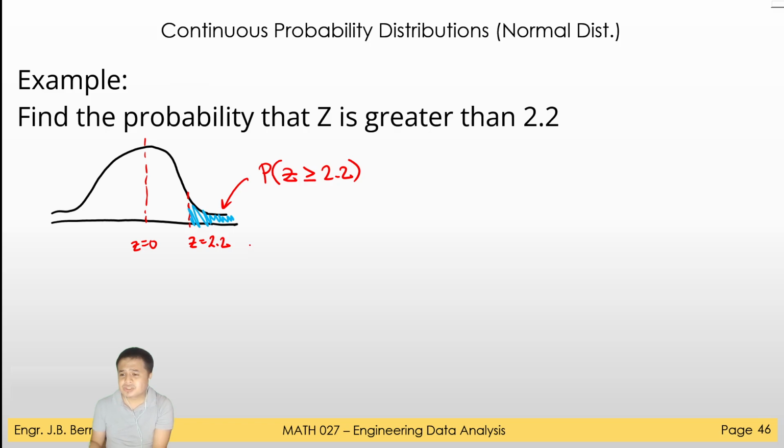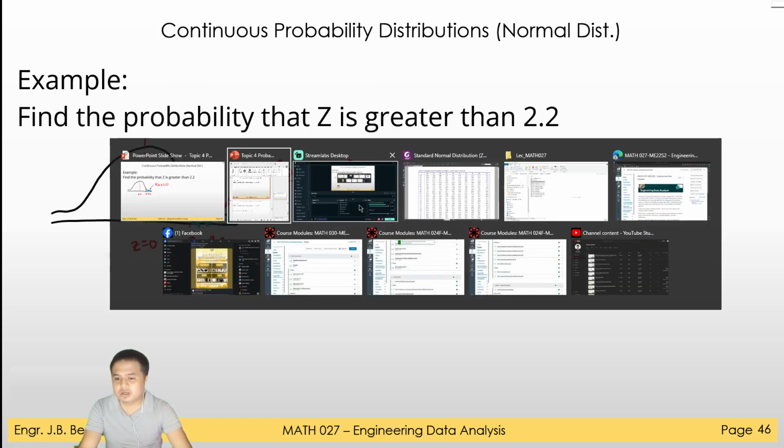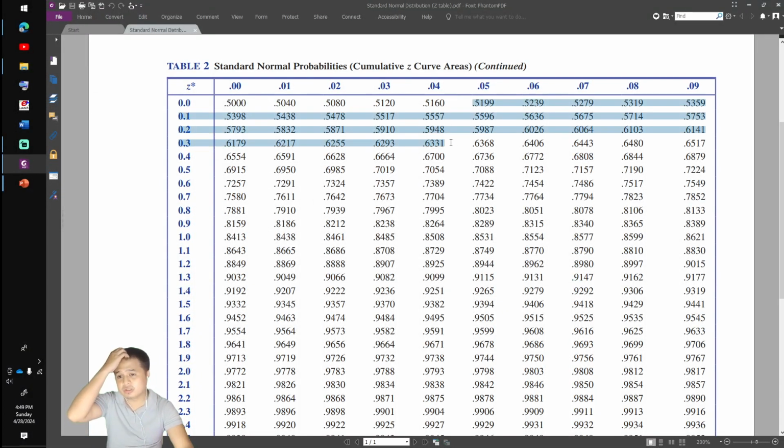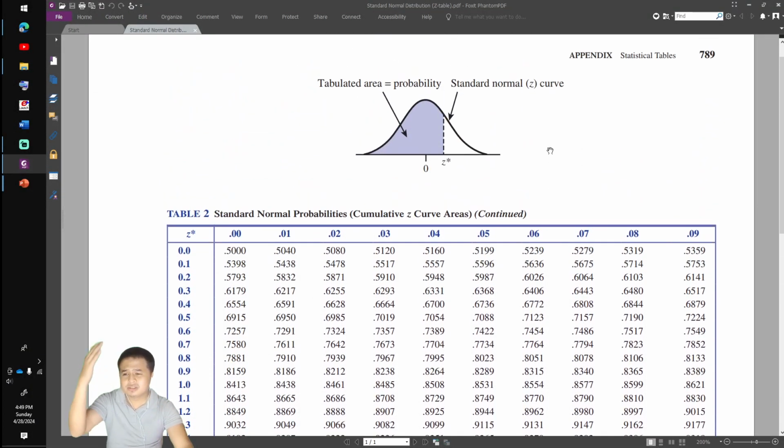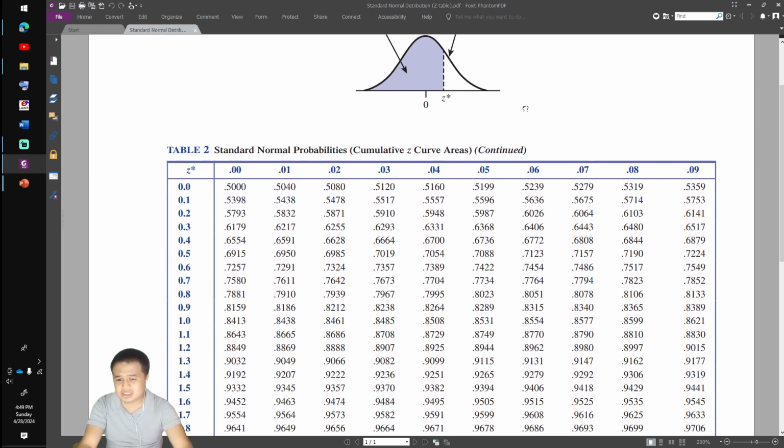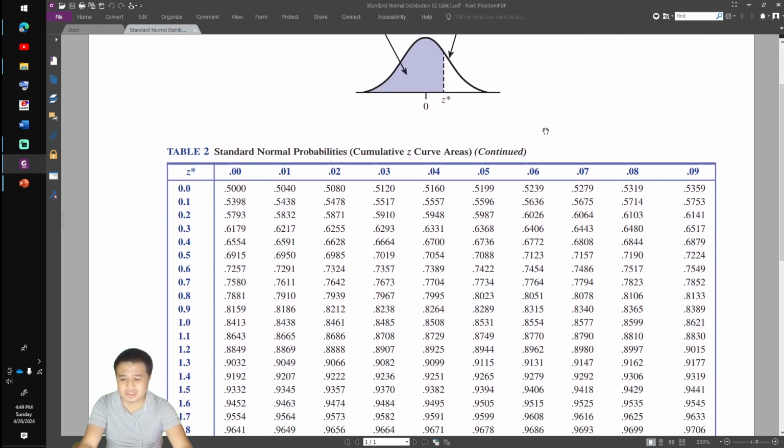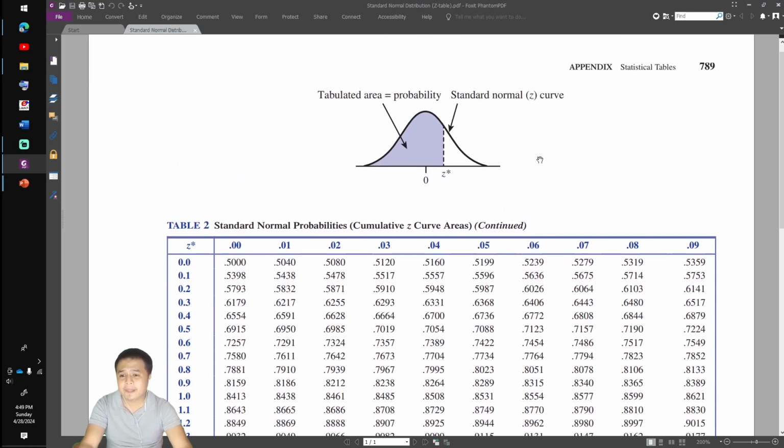Okay, so how do we find that now? Let's take a look at our standard normal distribution table. Let's get a brief on what this table says. How do we use this table? It depends on your table. Actually, there are different tables that have different ways of getting the probability.